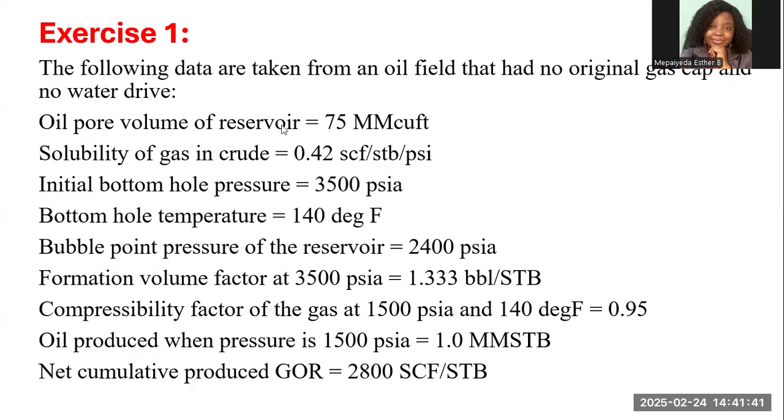And you are given the oil pore volume to be this, your bottom hole temperature 140°F, the compressibility factor of the gas to be 0.95, that's your CG, and then your net cumulative GOR at 2000 scf per STB.